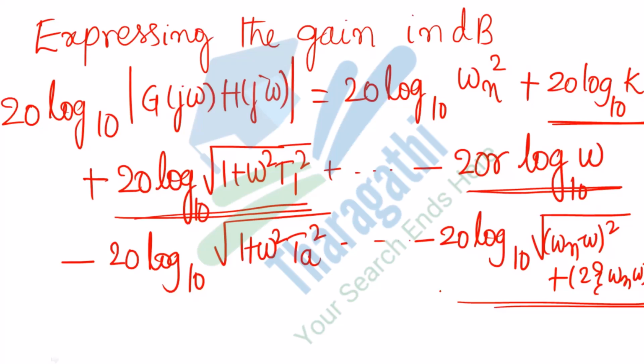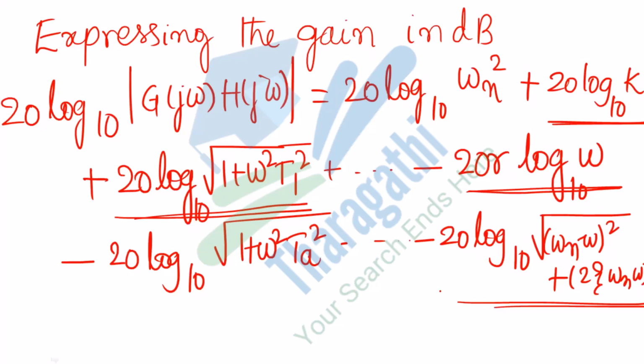So these are the four terms. If you can draw the Bode magnitude plot for all these four terms, then the remaining terms are similar to these terms, so that it would be very easy for you to draw the entire Bode magnitude plot for any kind of transfer function.